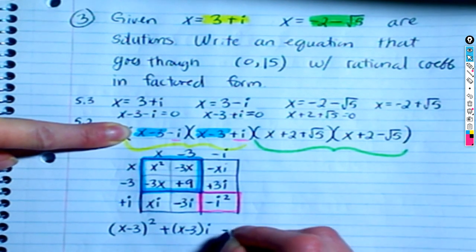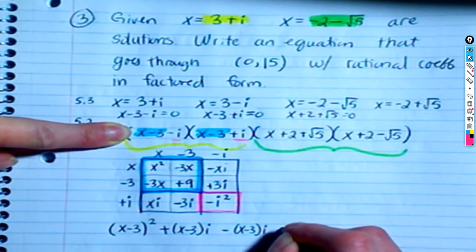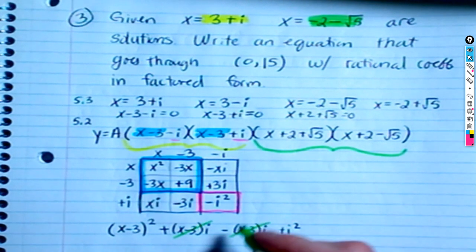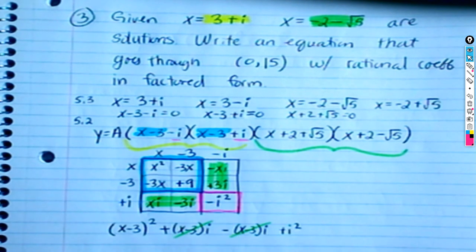Last. The FOIL with the grouping is a quick way to recognize those things cancel out.